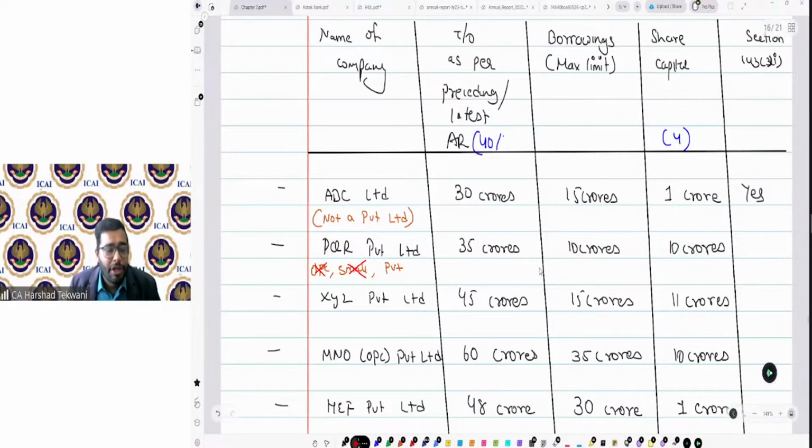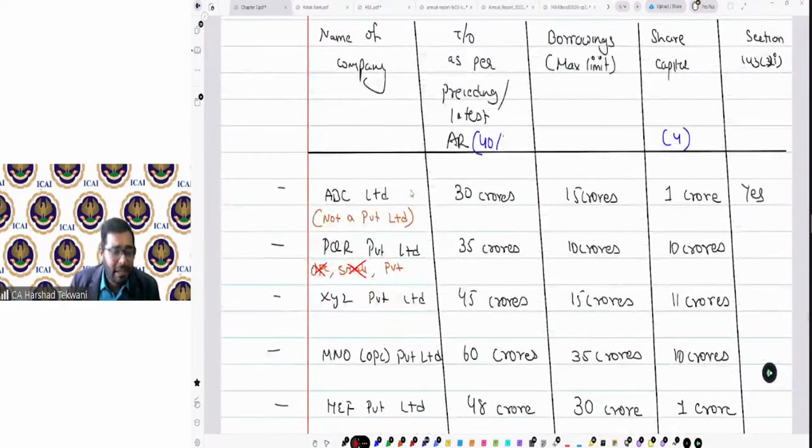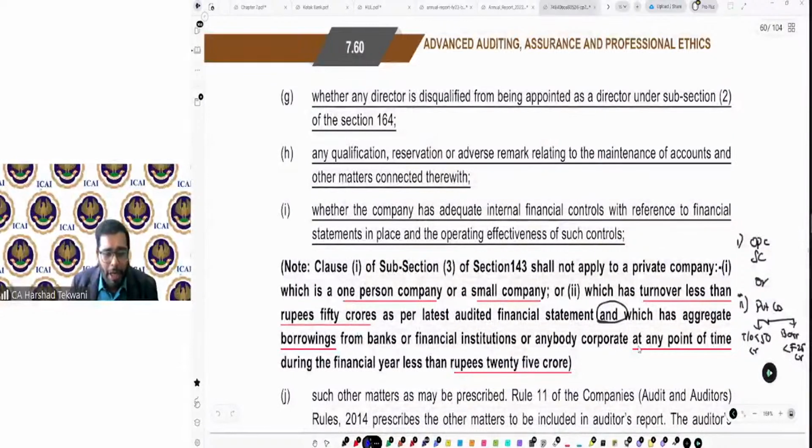The exemption given for private limited companies other than small company is that the turnover is less than 50 CR and the borrowings at any point in time are less than 25 CR.